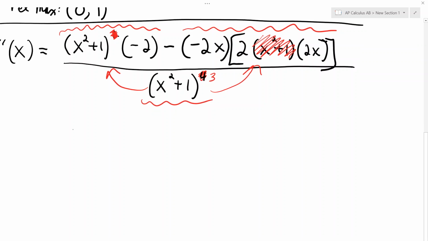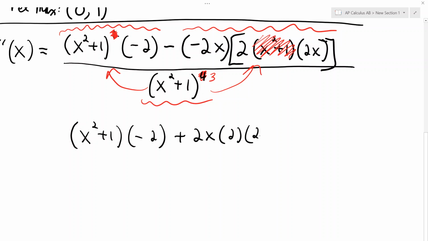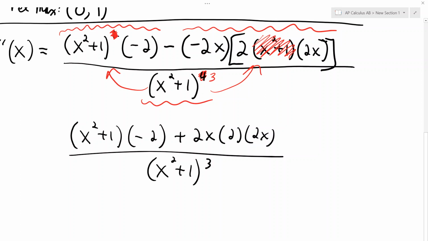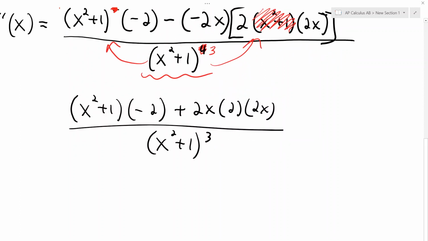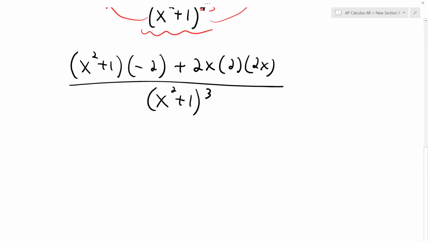Let me write what we got. Okay, now it's just x squared plus 1 times negative 2 plus 2x times 2 times 2x all over x squared plus 1 cubed. Okay? We want to factor out the top. So we got to get everything up there factored out. So we need to expand it before we can do that.